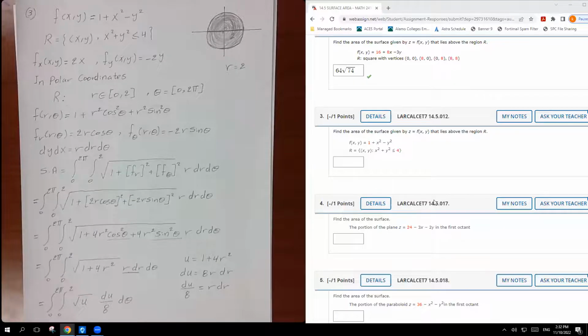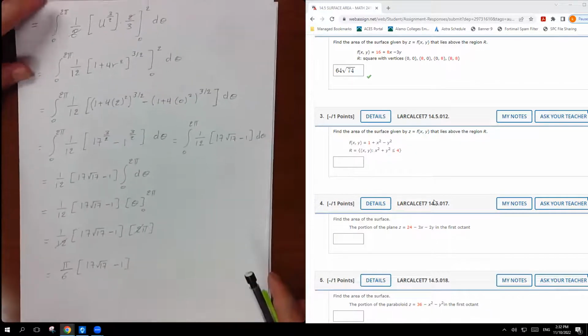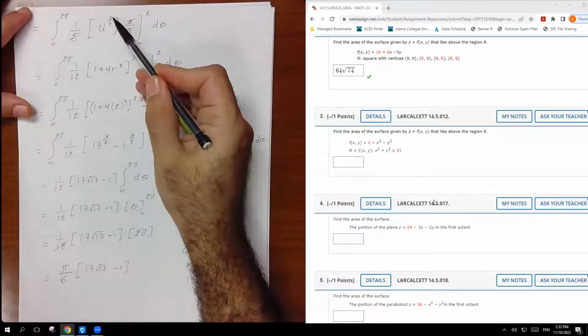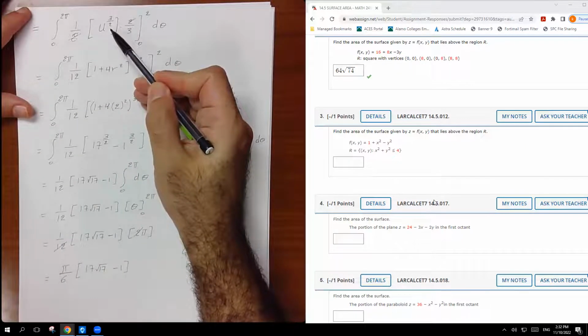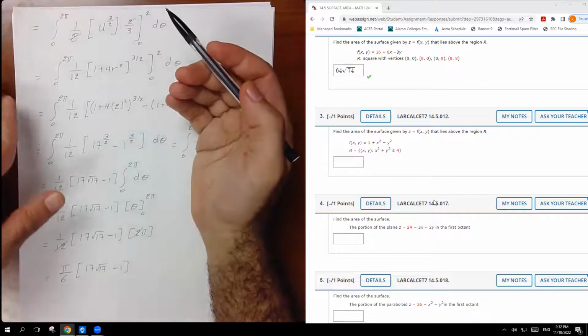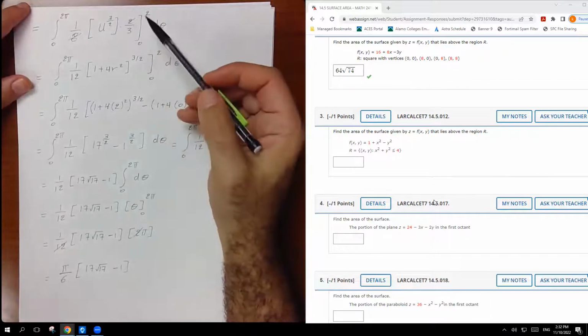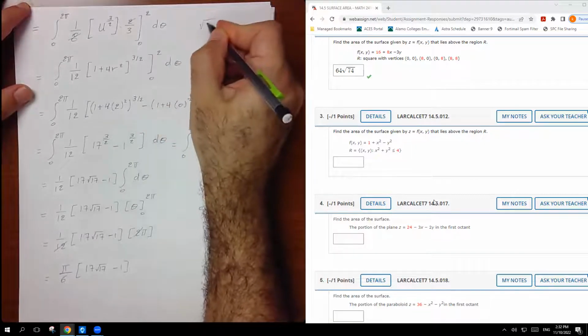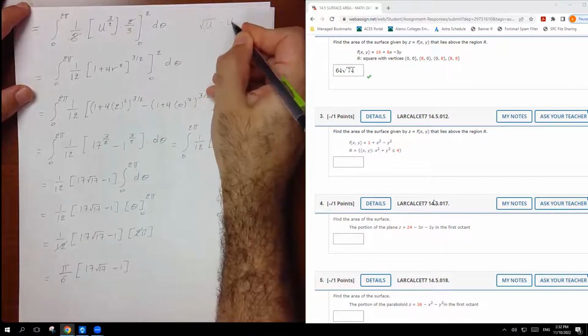So let's keep going. So 1 over 8, u is 3 over 2. I did the integral with respect to u, because we have the square root of u, so it's u to the half.